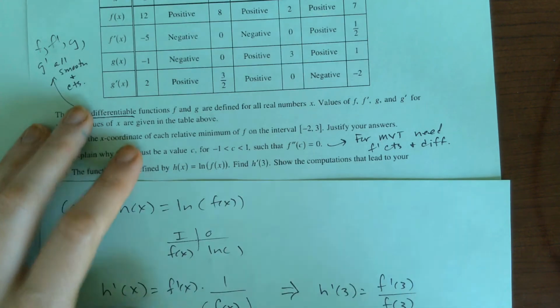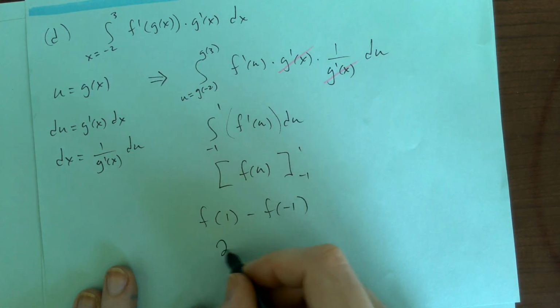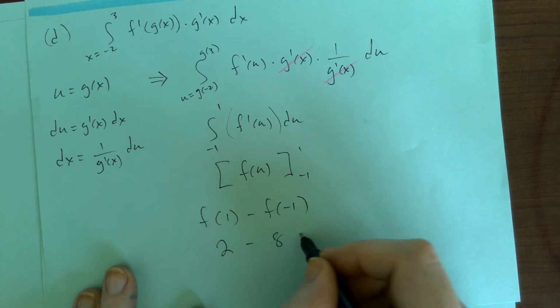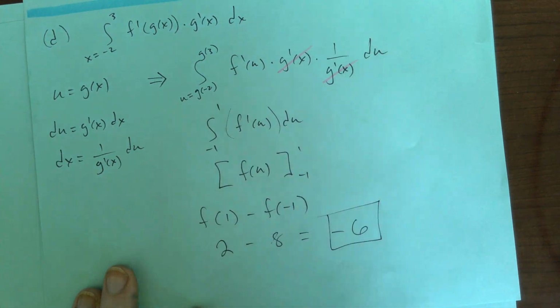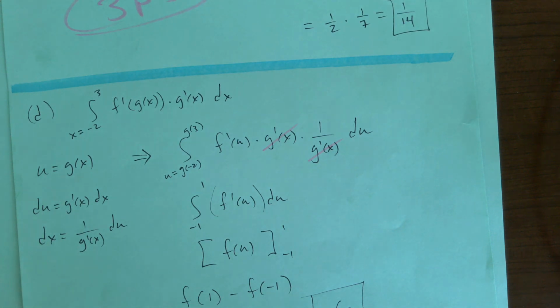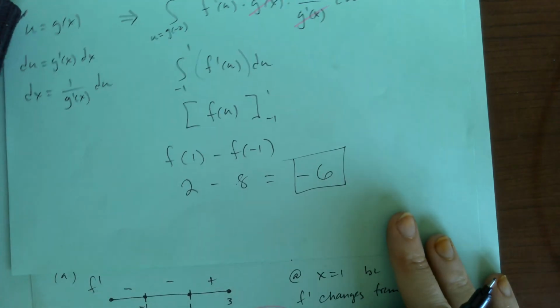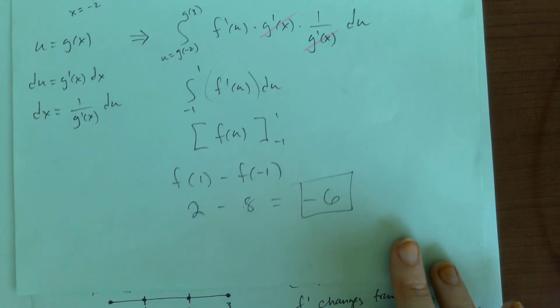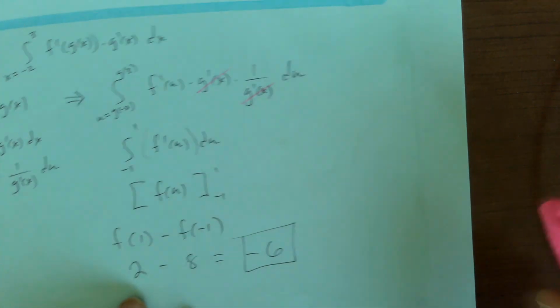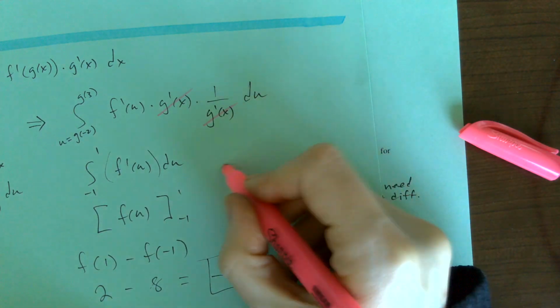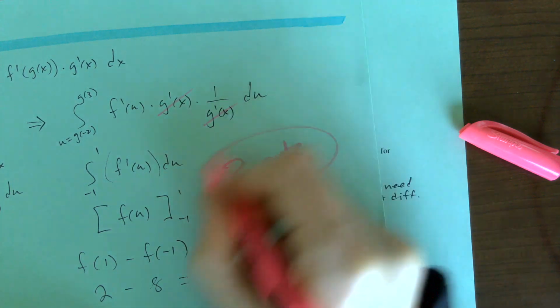F of -1 is 8. So f of 1 is 2 minus f of -1 is 8. So that is -6. Let me make sure I did that before. Yes, that's what I got before. Okay, guys, and then that is another 3 points right there.